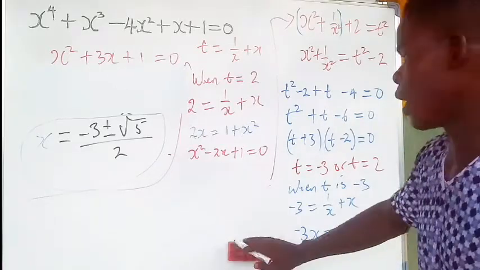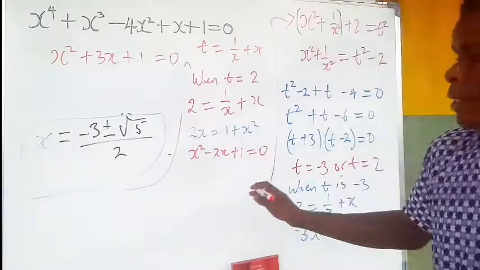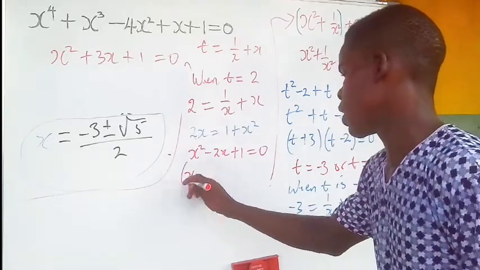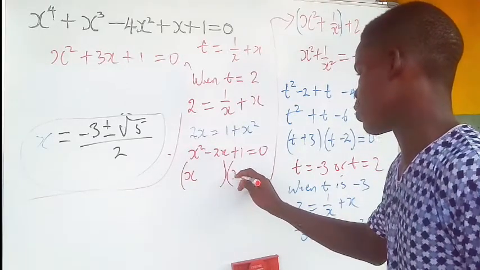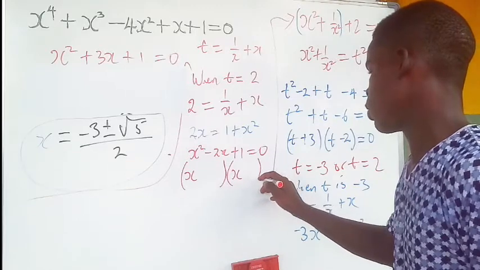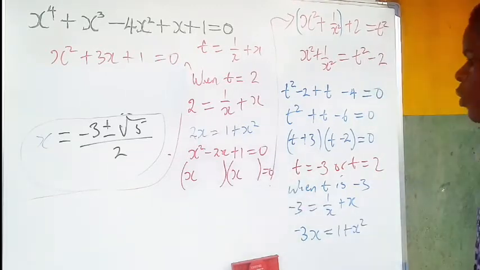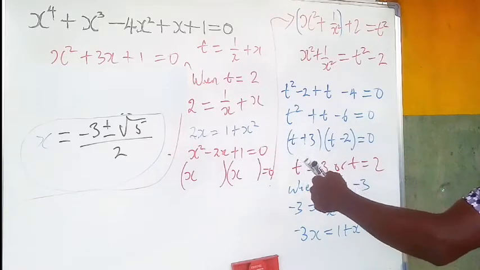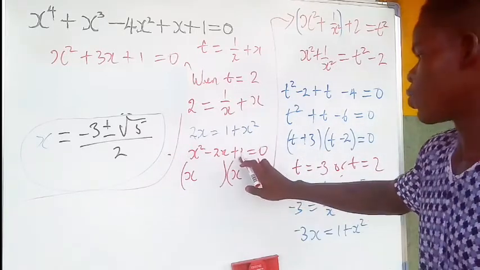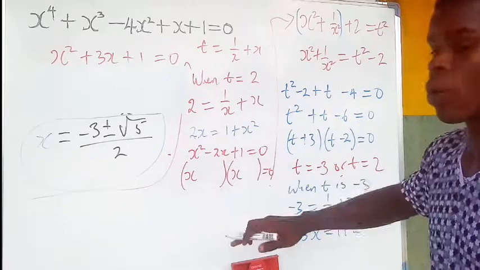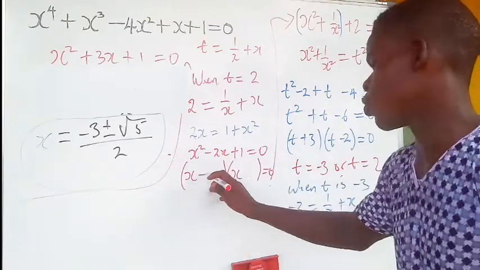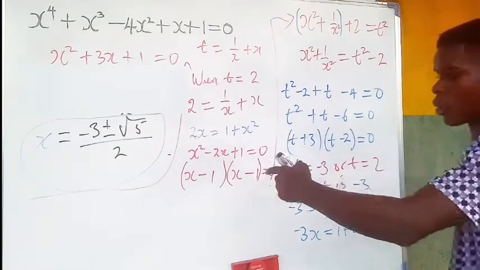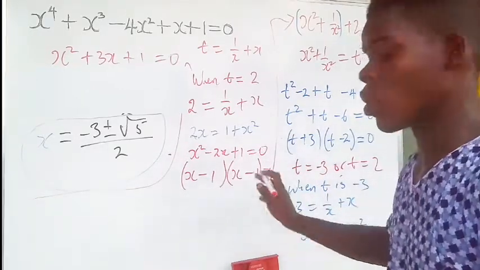Now factoring this, we would have x minus something times x minus something equal to 0. The factors are negative 1 and negative 1, so we'd have x minus 1, x minus 1.